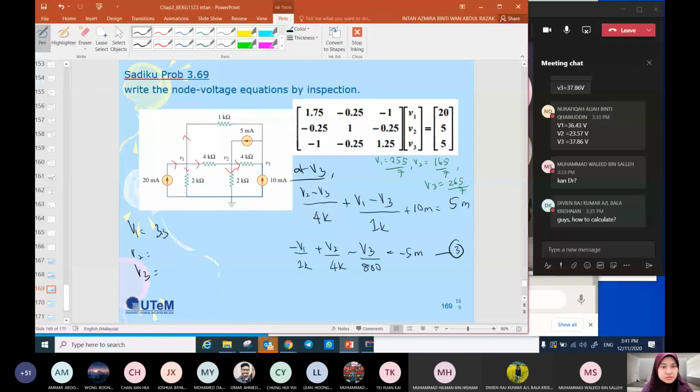I think this one is still wrong. So this is the challenge in nodal analysis. We must be very careful with our equation. Okay, I think it is still wrong.